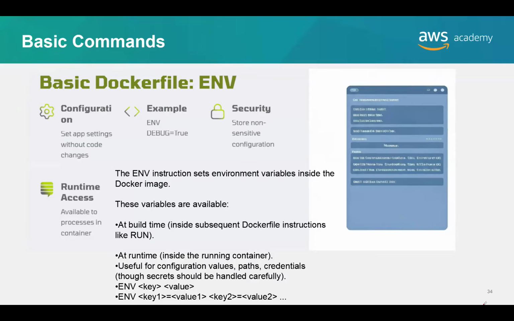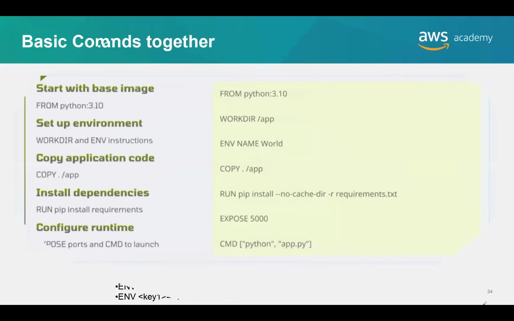So there are a lot of commands, one by one; it will keep on going. Here you can see the file which we are going to use. It starts with the base image, that is Python. WORKDIR is /app. Environment name is World. Then COPY . into the app.